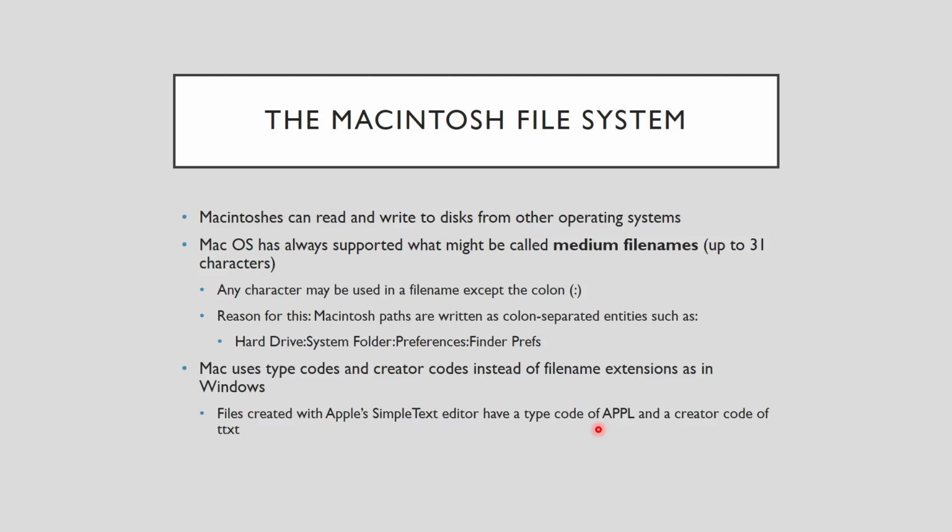When a user double clicks such a file, the Mac knows it must open the file with the application indicated by the type and creator codes. And you can view a file's creator code, such as for a JPEG file for a graphic, by using the file's Get Info option.